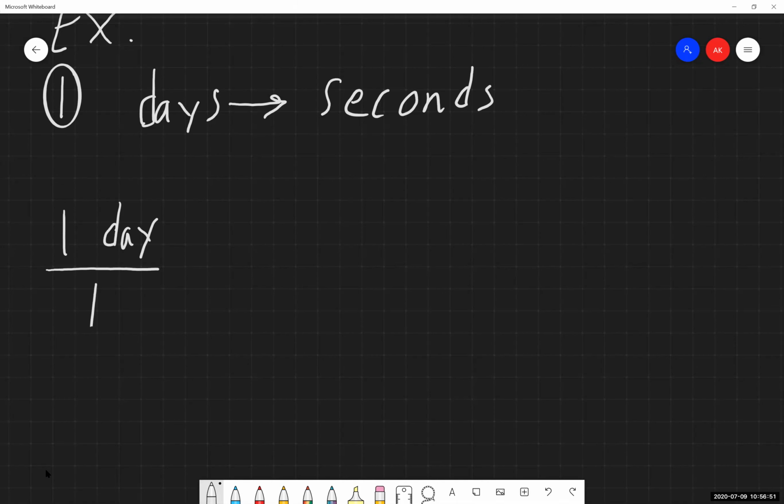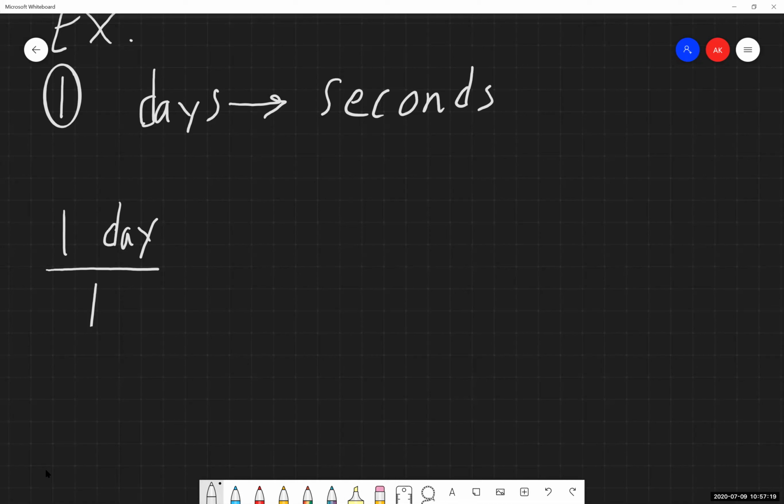So that's our first thing that we have, and I need to convert this thing from days into seconds. We want to take a look at the geometry properties page, and you always want to look to see with these, is there a direct conversion from what I'm starting with to what I'm ending with? And I'm looking at the page, it's on my other screen, but if I'm looking at that page, there is no direct day to seconds conversion that I'm seeing, and there's not one that I personally am aware of.